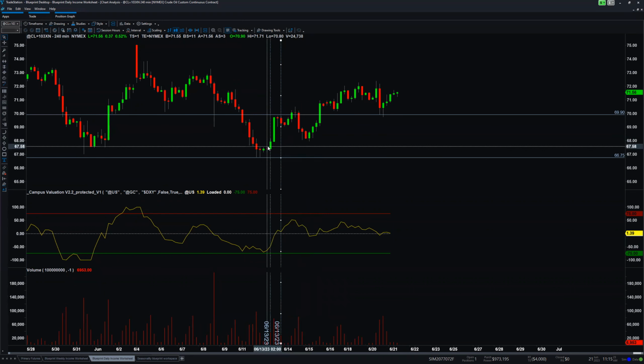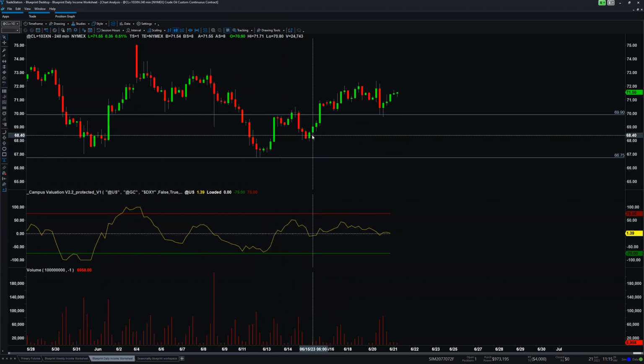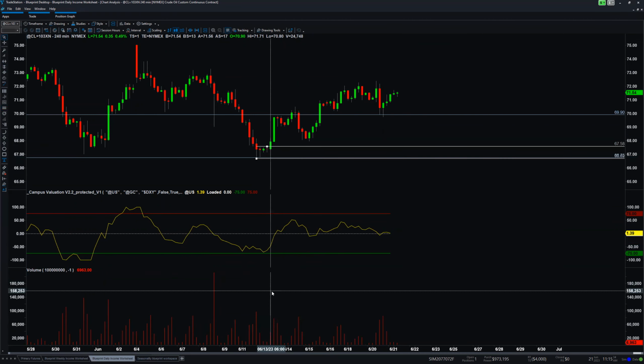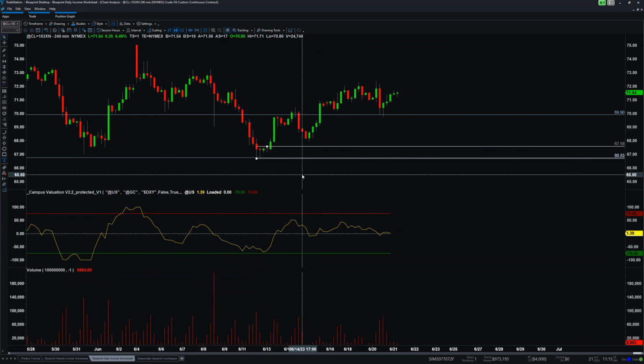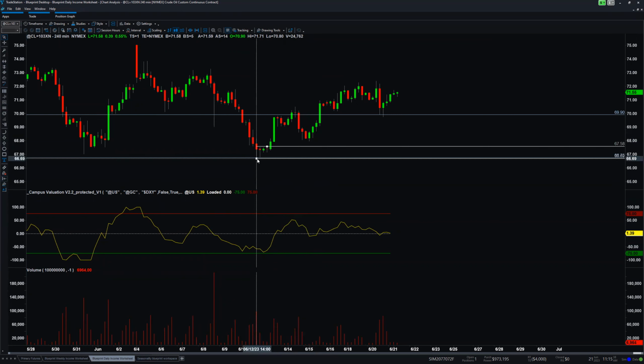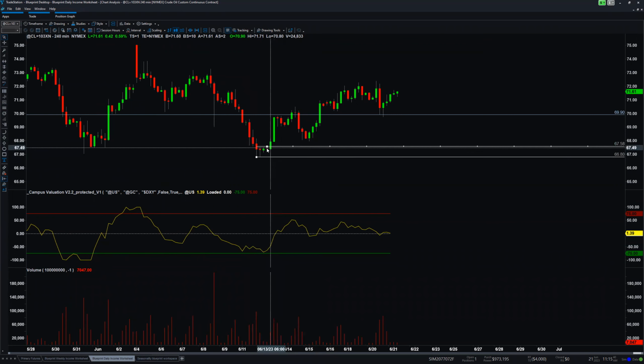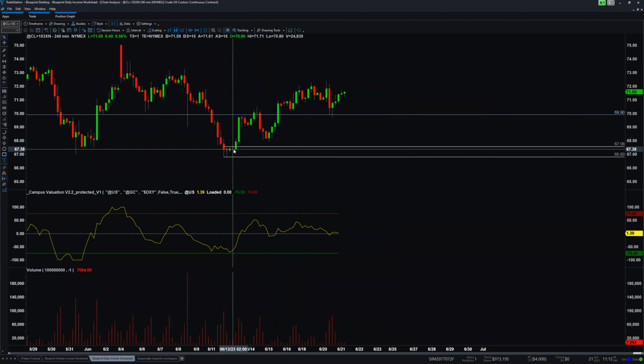So I would rather go for this level than for this level, just because here I've got the volume on the leg out, here I don't, okay? And I'm naturally going to the wider version, because that level may be quite narrow again.